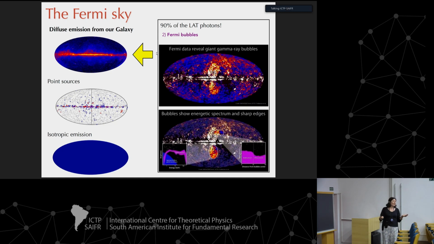And then on top of everything, early on in Fermi, people managed to model this emission, subtract it, and then what is left is this amazing structure of the Fermi bubbles. This was a completely surprise discovery, because looking at other galaxies, we know that they have radio.